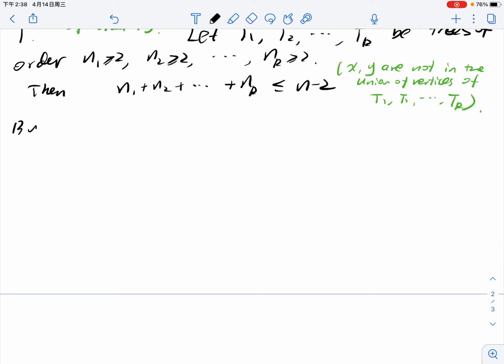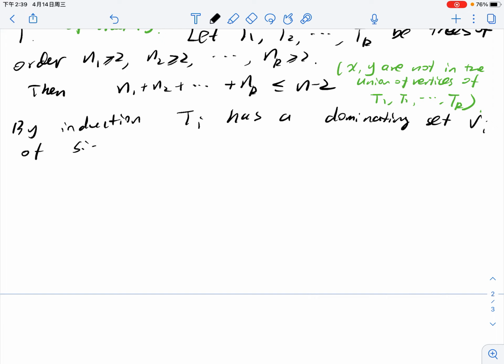Then by induction, Ti has a dominating set Vi of size at most floor of ni over 2.